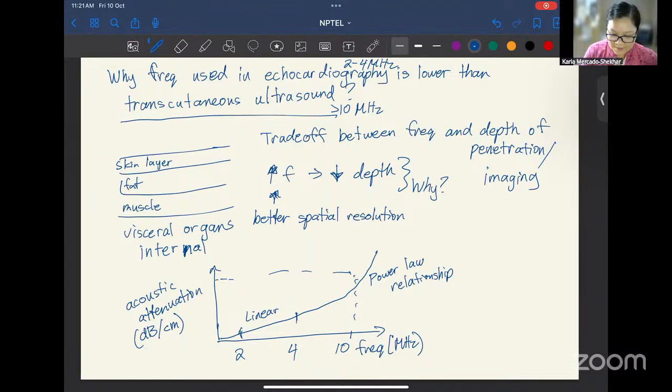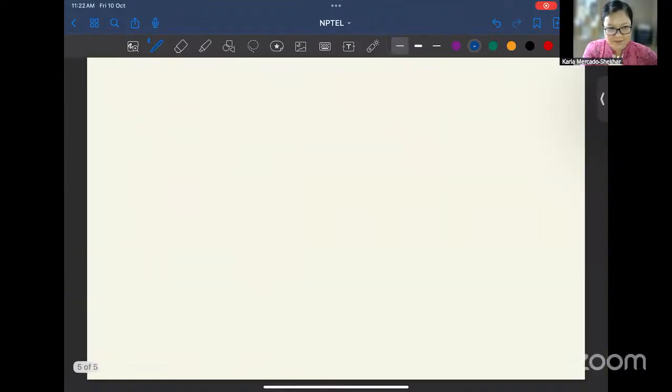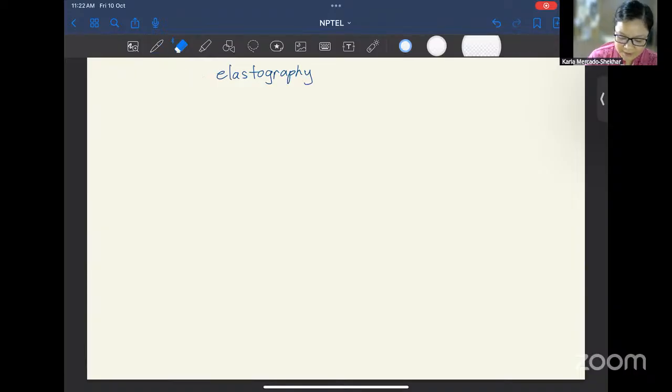So let me try to draw what was in the slide that was being asked about. Someone asked about the correlation methods for shear wave imaging. So we're looking at shear wave elastography. This was the slide, right? Ultrasound elastography.